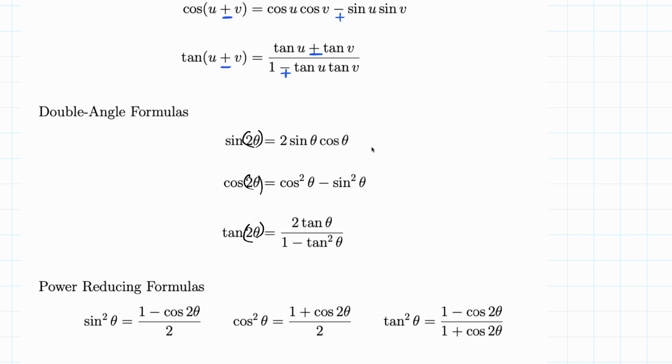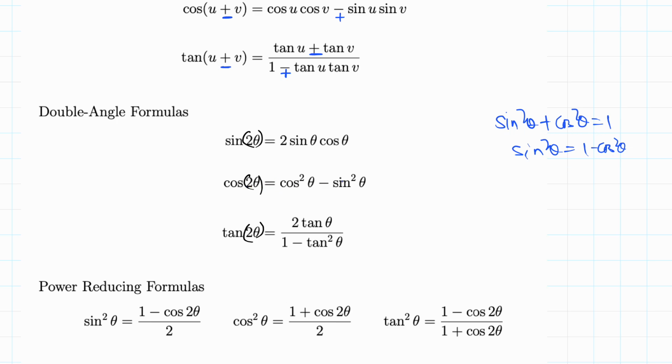In the same way we can do it for cosine 2 theta. Cosine 2 theta is cosine squared theta minus sine squared theta. And depending on our need, because we know that sine squared theta plus cosine squared theta equals 1, we can write sine squared theta in terms of cosine, and we can write cosine in terms of sine.